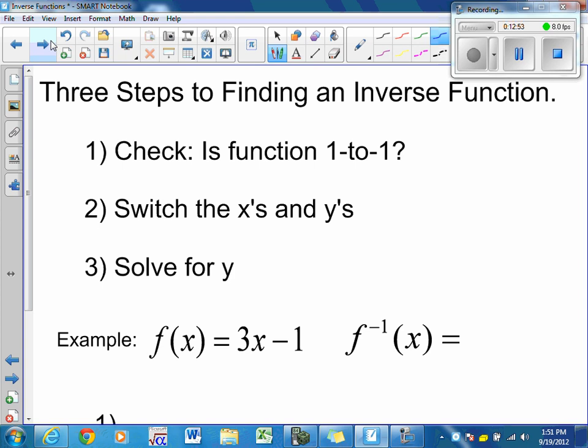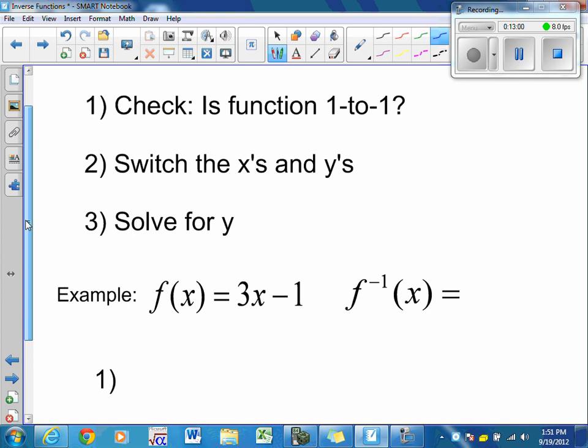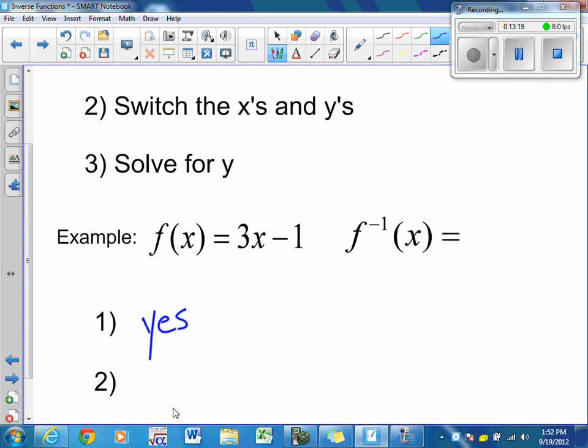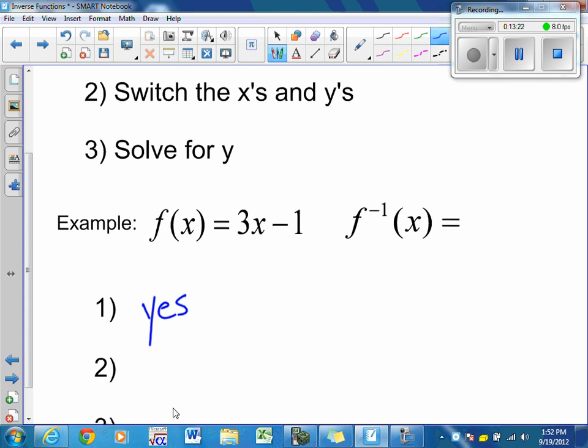So how do we find our inverses? We have 3 steps. Our first step is to check it's 1-to-1. So let's go through our steps here. F of x equals 3x minus 1. Check. Is it 1-to-1? Well, that's just a straight line. Slope's 3, y-intercept. So yes, that's 1-to-1. Step 2, switch our x's and y's. Now there's no y here, but we all know that f of x is kind of like a y.